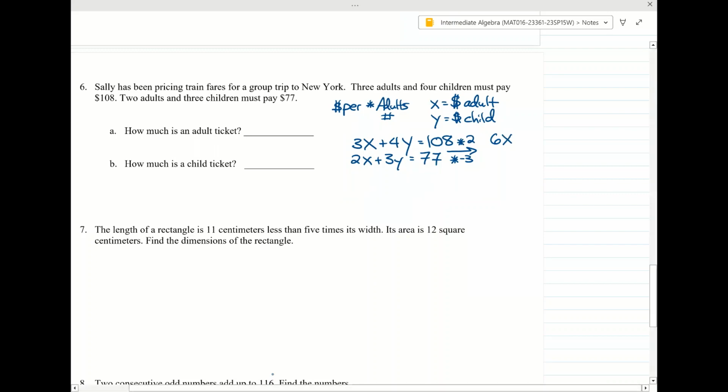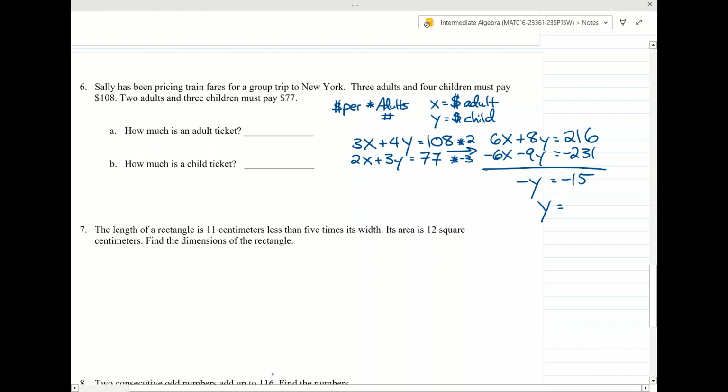So this will just be 6x plus 8y is equal to 216. This will be -6x minus 9y is equal to 77 times 3. It's -231. So -y would equal 231 minus 216 is 15.